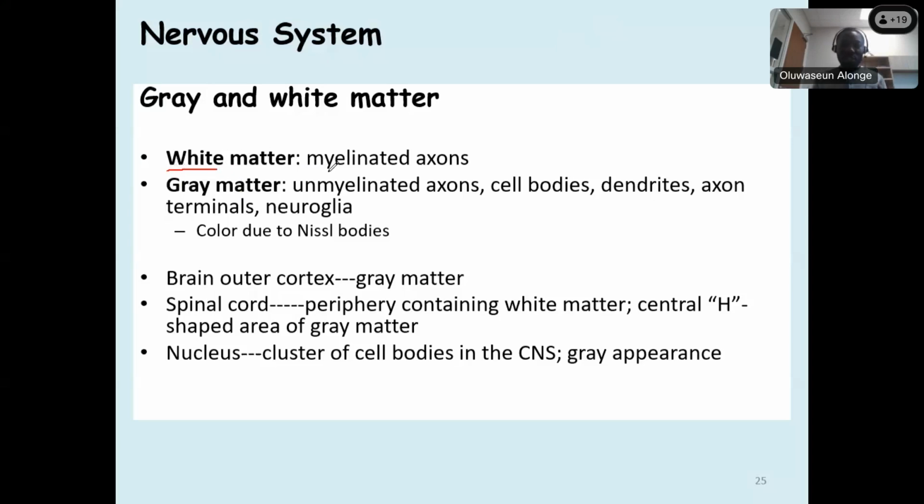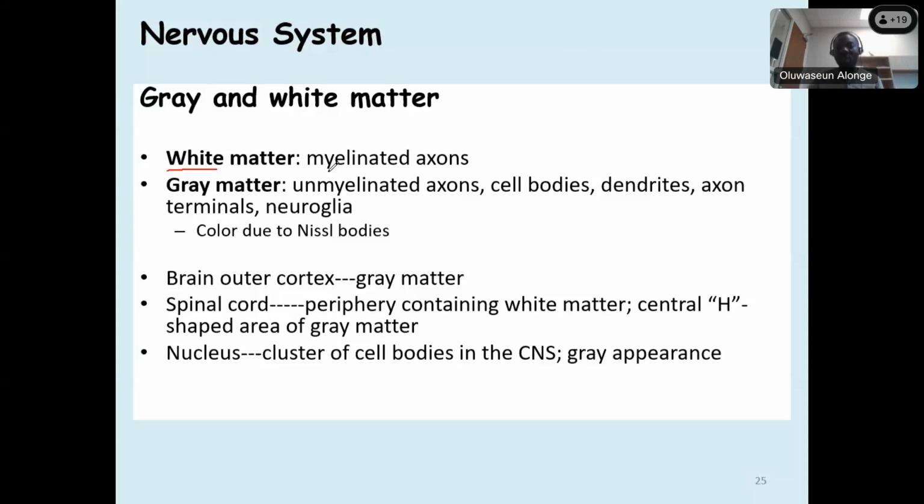So when we are studying the spinal cord, for some of you that are already there in your lab, when you are looking at the spinal cord in the lab, you will see that there is some portion of the spinal cord that is called white matter. And there is a part that looks like an H. You remember? That is gray matter.